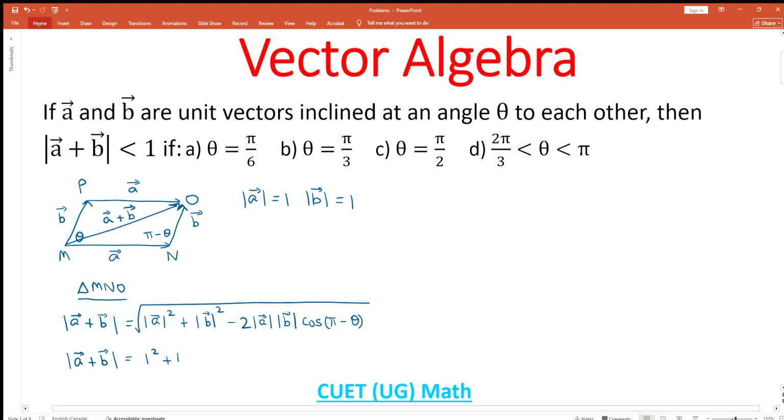Magnitude of vector B is 1. As per the cofunction identity, cos pi minus theta is equal to negative cos theta. We can simplify this expression under the square root further.